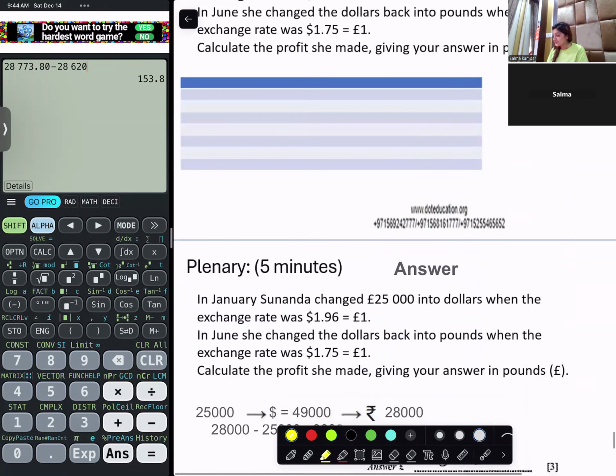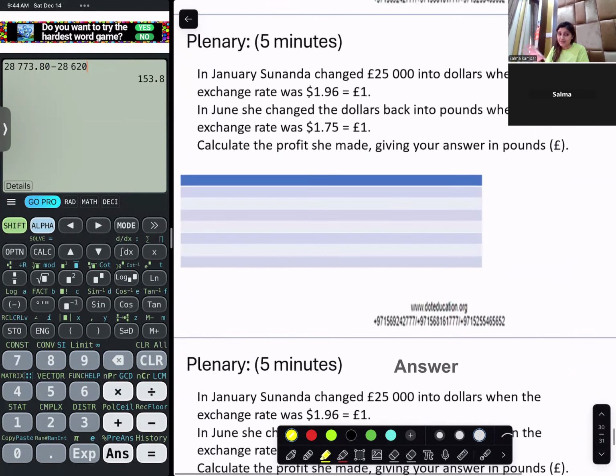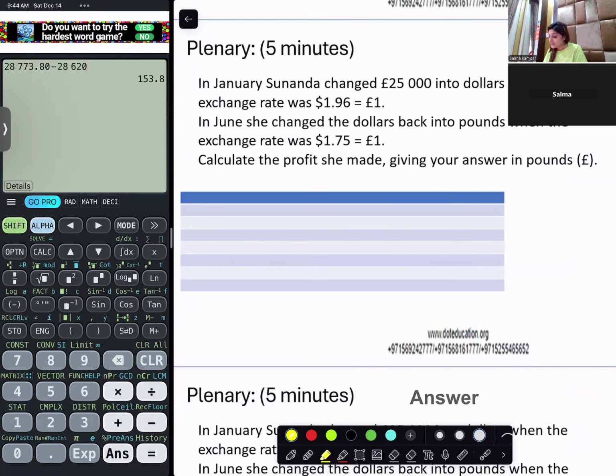This is the last question. You should be able to do this. If you're able to do this, that means you have understood the purpose of this unit conversion. Let's read the question. In January, Sunada changed 25 pounds into dollars.